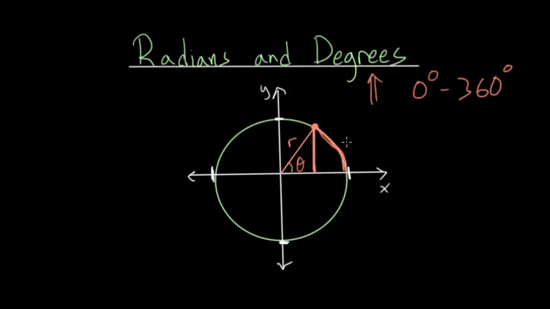When we've gone exactly one radius length along the arc, we call this angle 1 radian. And our question becomes, how many of these radians would fit all the way around the circle?